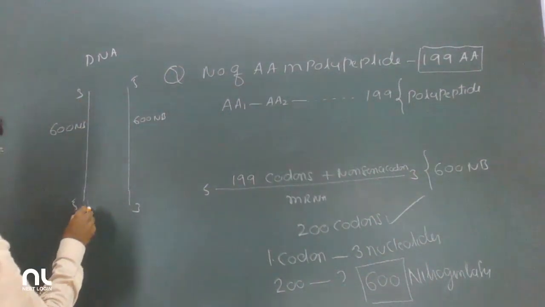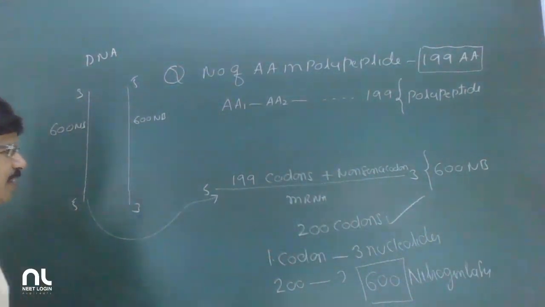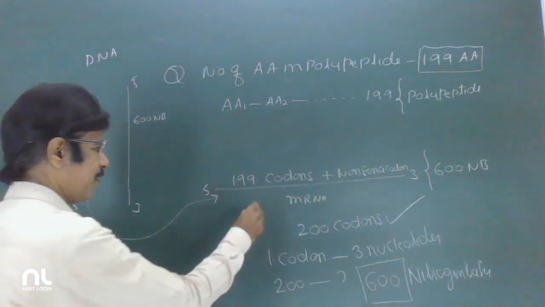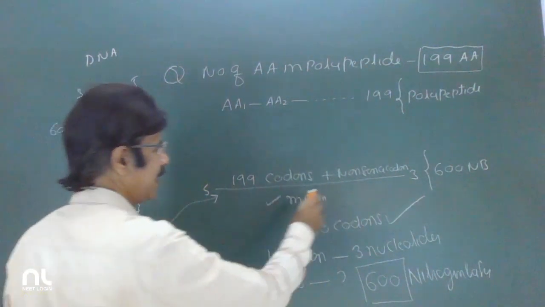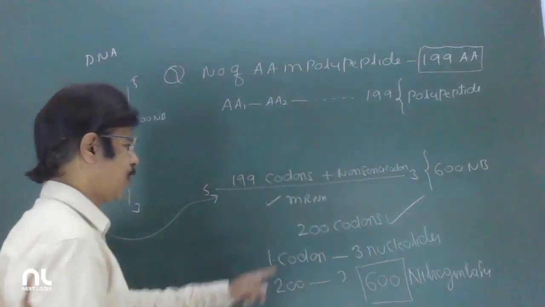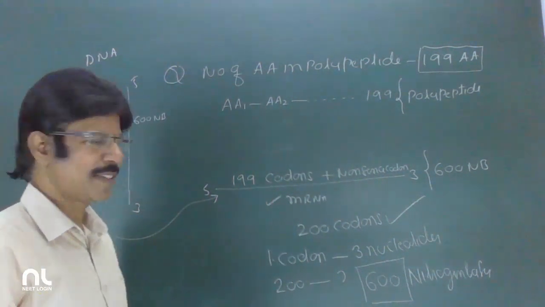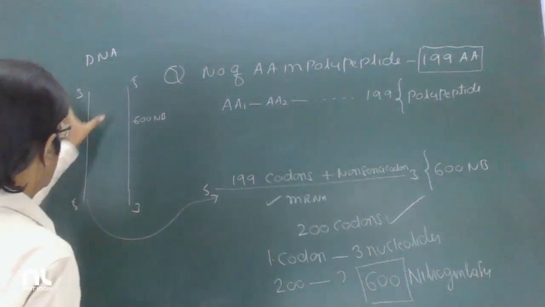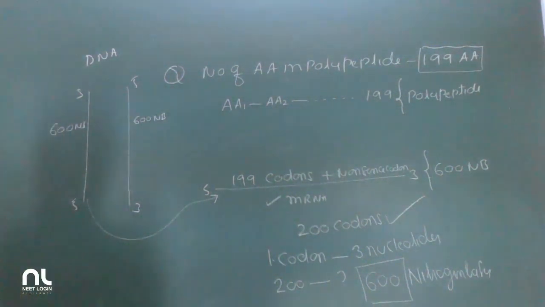This 3' to 5' strand is transcribed, that means information is transferred to the mRNA. So it has 600 nitrogen bases, 200 codons. So this DNA has a total of 1200 nitrogen bases.